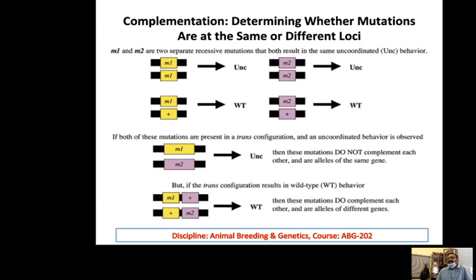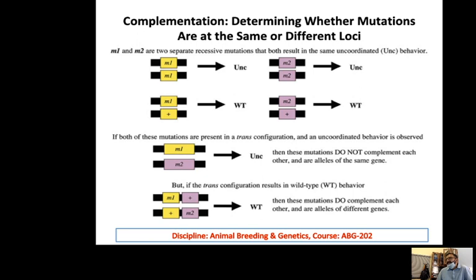Now another concept: whether two genes are located on different loci or on the same locus, and in the case of mutation, how we are going to work it out. Suppose M1 and M2 are two separate recessive mutations that both result in the same uncoordinated behavior.